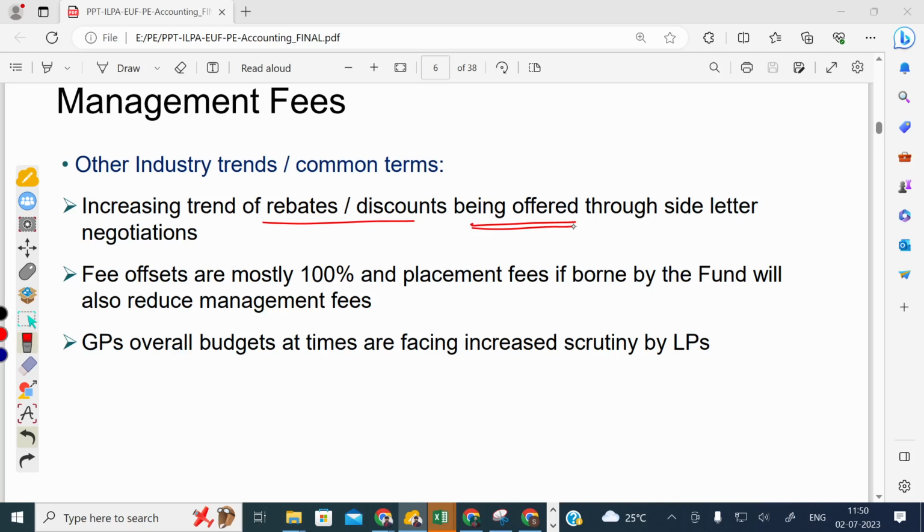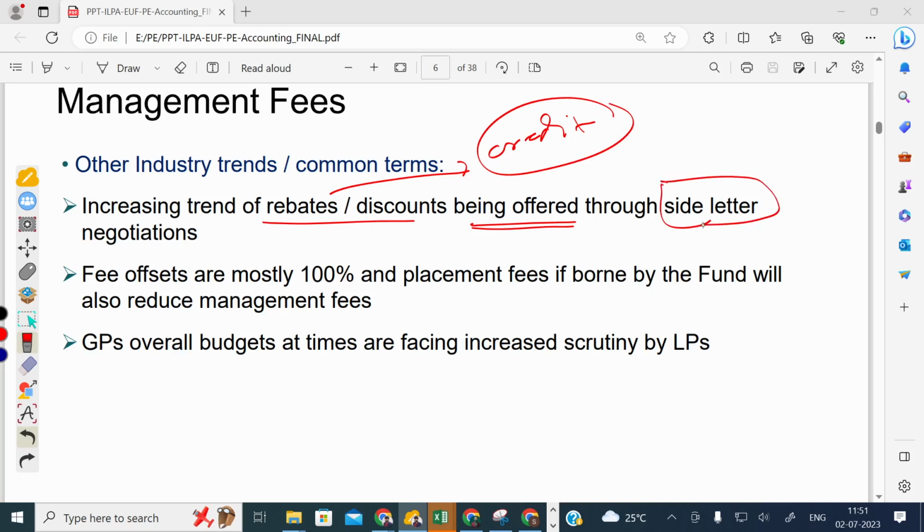If you are doing accounting in the books of limited partners, you can record the rebate on the P&L credit side, right? And those negotiations you would see in a side letter, which means a different letter that they draft to you as an accountant.